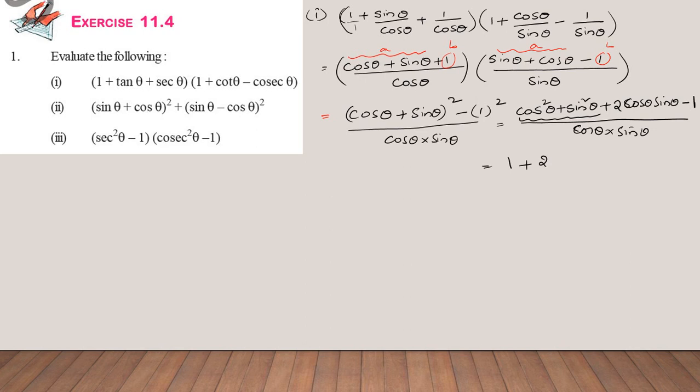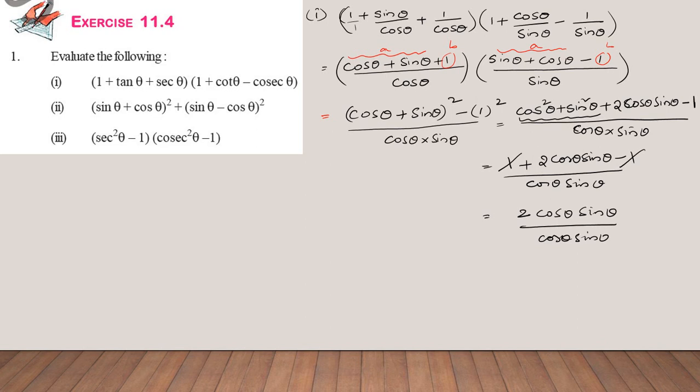So 1 plus 2 into cos theta into sin theta, minus 1, by cos theta into sin theta. Now here we have plus 1 and minus 1, so those two will get cancelled. So finally I am left with 2 cos theta into sin theta divided by cos theta into sin theta. Since these are all in product form, I can cancel cos theta into sin theta out. So finally I get the answer as 2. So for this particular question the answer is 2, right?